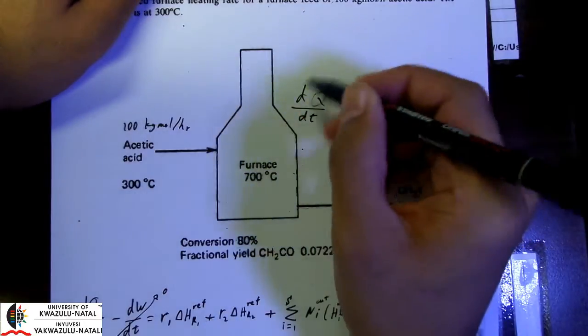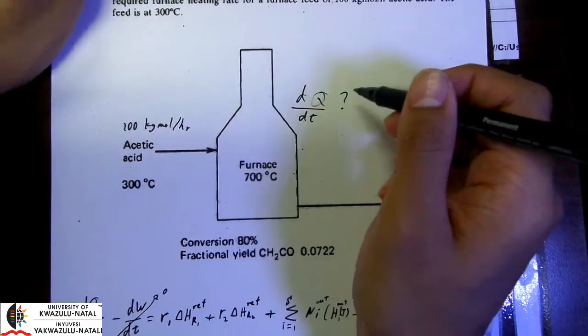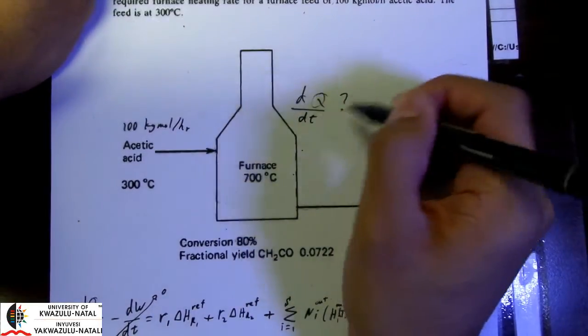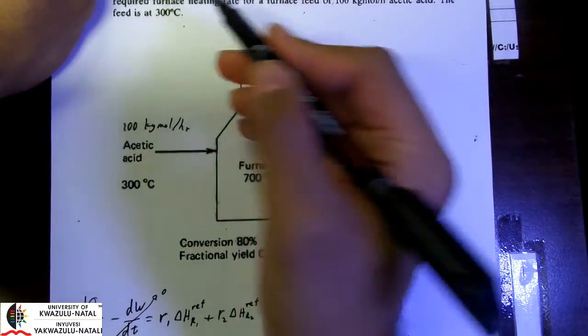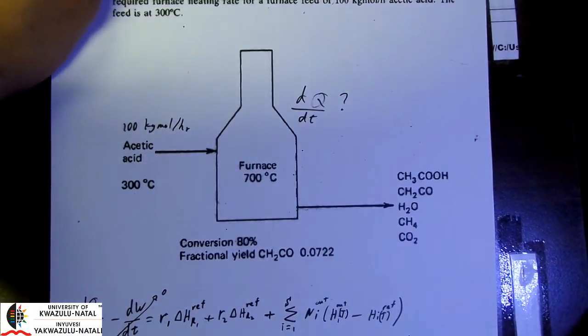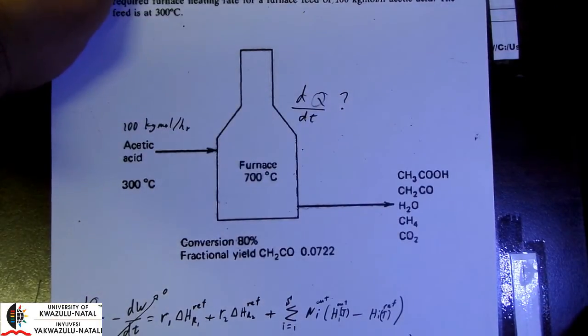And we want to find the heat rate, dQ/dt. Okay, and if we find the heat rate, then it ultimately gives us information on how much input we require in order to crack this acetic acid.